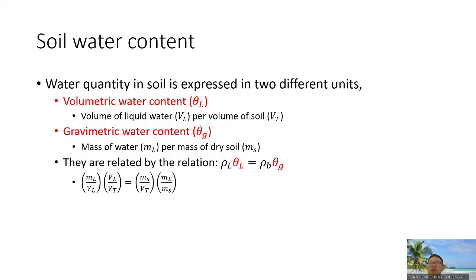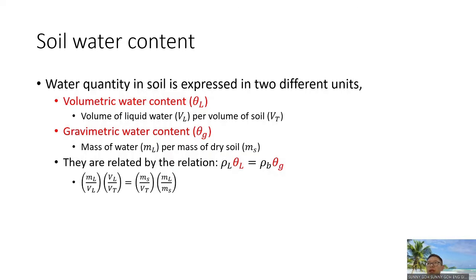V_T is represented by V soil particles, V air content, and V water content. And the gravimetric water content is given by the mass of water, m_L, per mass of dry soil, m_S.